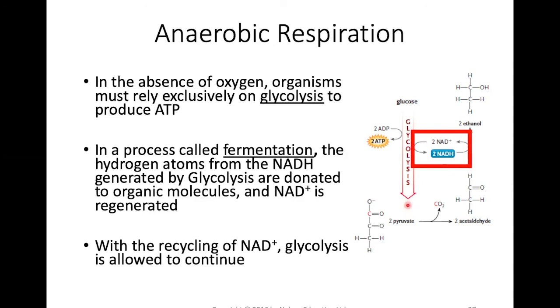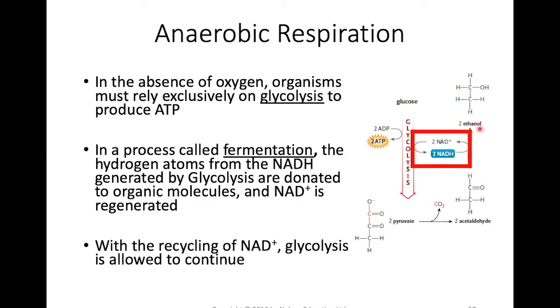We're able to produce pyruvate through the process of glycolysis, but then able to convert that into an organic molecule, acetaldehyde, which can then become reduced itself as it oxidizes NADH. All right, so if we're reducing this, we're giving the hydrogens and giving the electrons to that molecule to produce ethanol. So what we're doing is recycling the NAD+ to allow this process to continue.